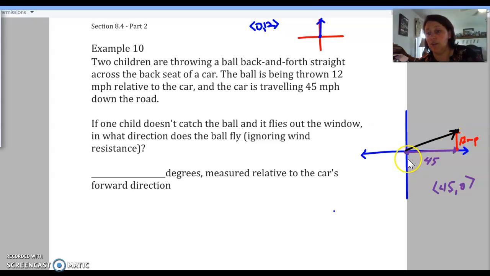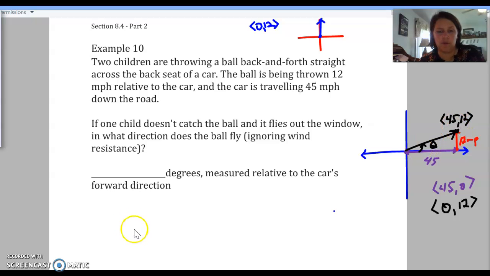Now we know that this car has a vector of 45, 0, and this one has a vector of 0, 12. We add those two vectors together, and we come up with our new vector, which is 45, 12. All right. Now we need to know what this angle is.